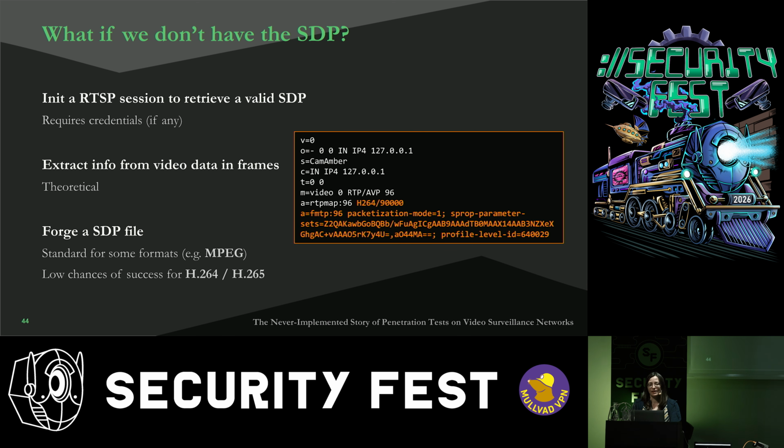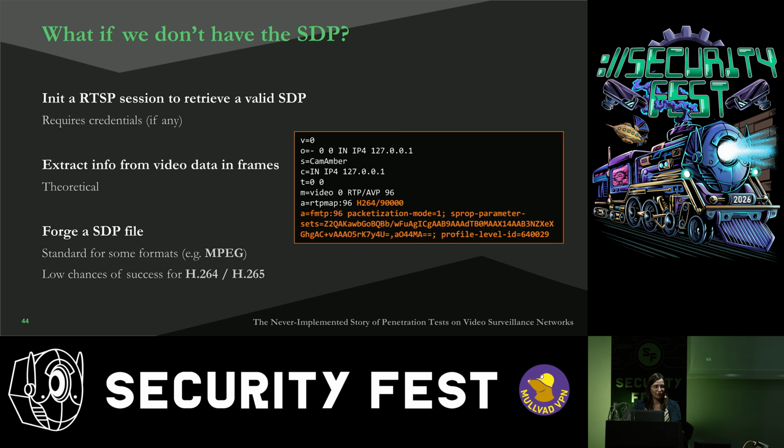Another thing is, I read in the RFC that special blocks can sometimes be included in the frames carrying the video data, and these blocks would include the video information. But none of my 4 test cameras from different vendors implemented it, so this is theory.